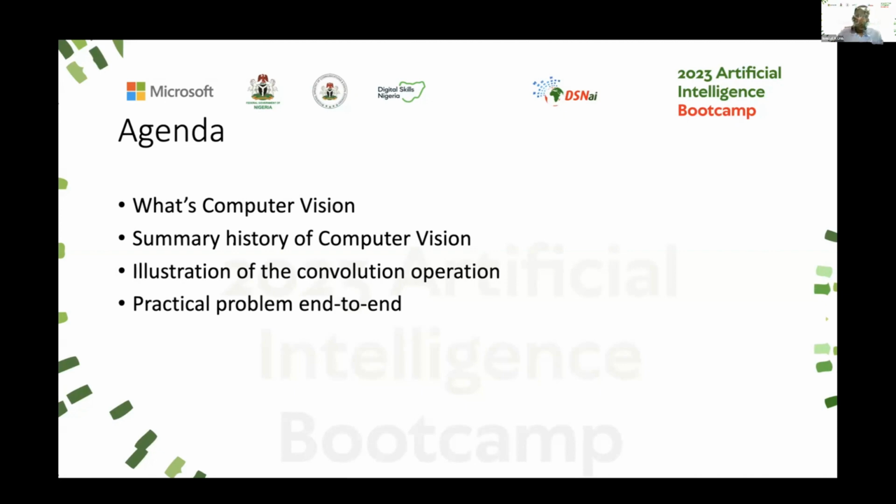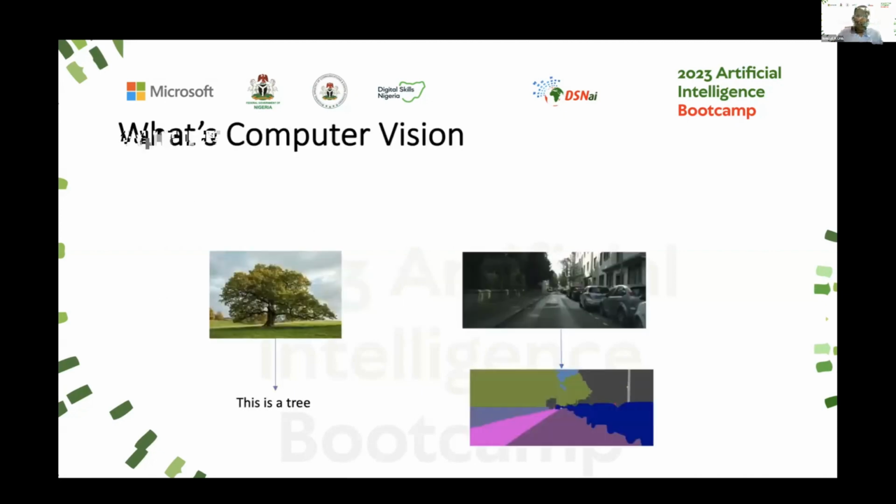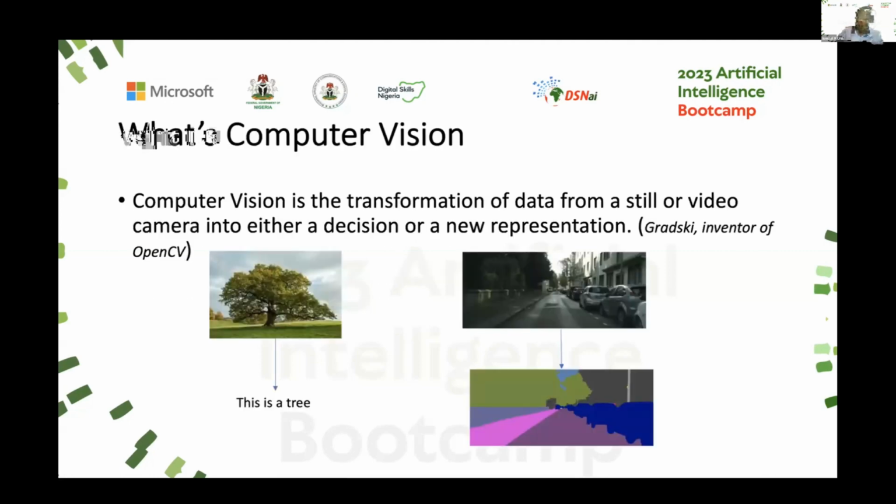So, we are going to ask what is computer vision? I took this definition from Gary Bradski, who is the person who invented OpenCV, a well-known library for image processing and computer vision.